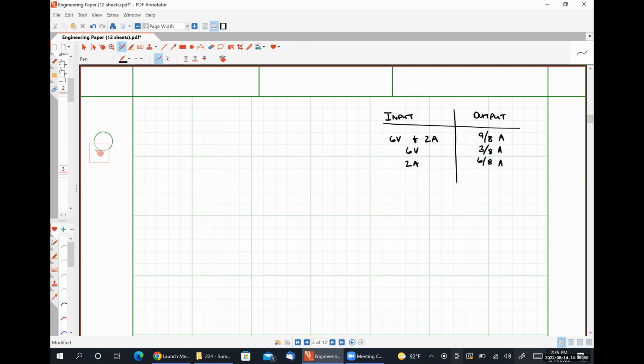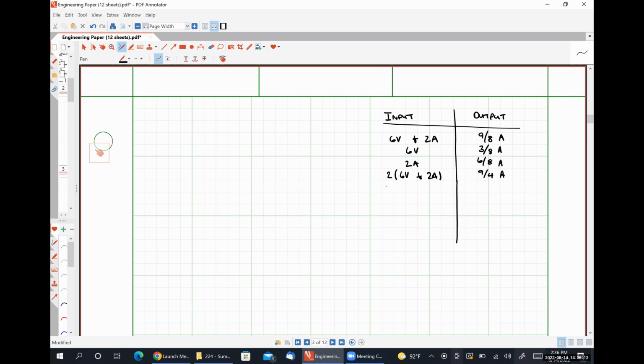And then we analyzed the circuit with a scaling factor of 2 being applied so that we had twice the 6-volt source on and twice the 2-amp source on, and we got 9/4 of an amp.